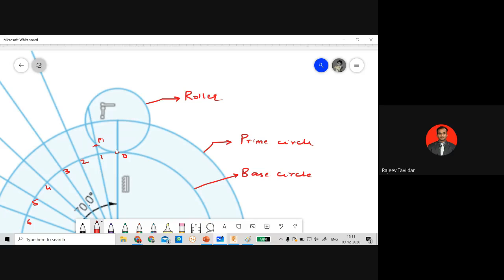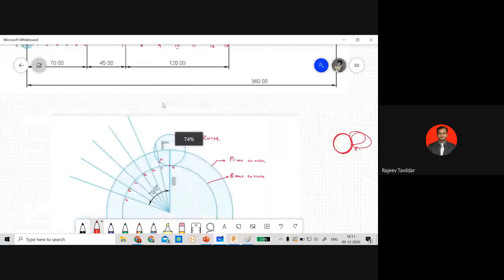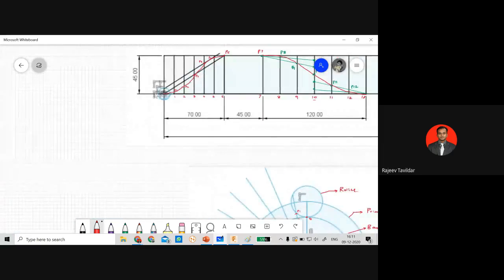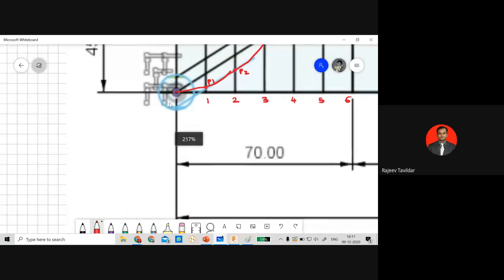Let us re-verify this concept for point 0 and see whether we are correct or not. What is the distance of P naught from point 0? The distance of P naught from point 0 is 0 only, right?